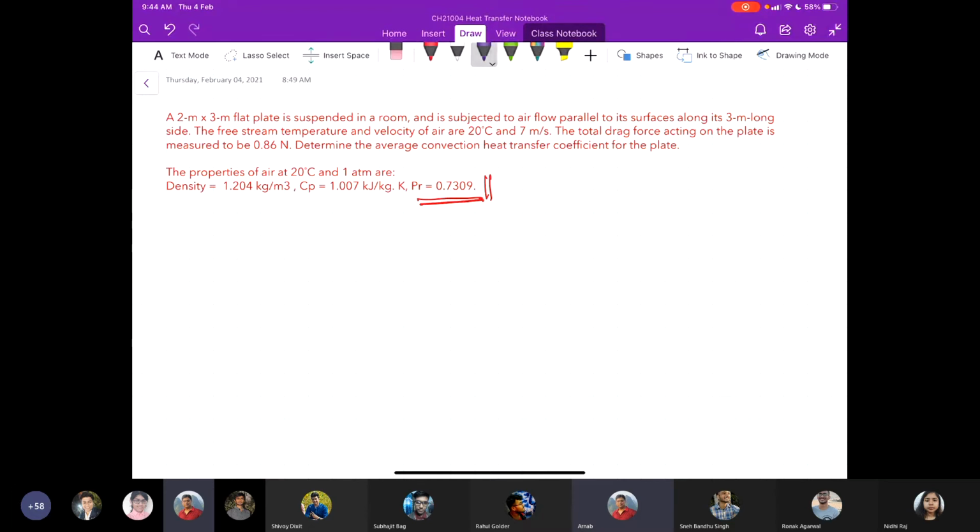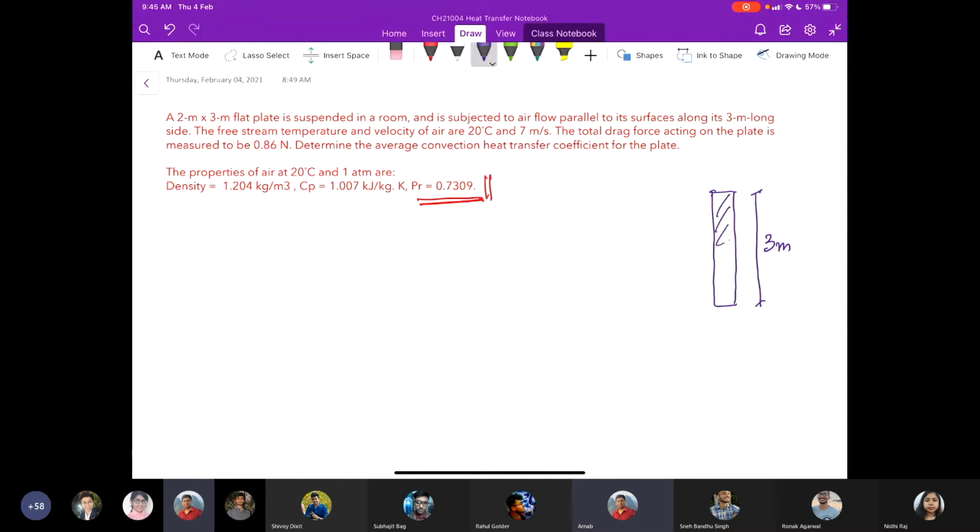So let me draw the situation if somebody didn't get it. The scenario is something like this: I have a flat plate where the length is 3 meters. And perpendicular to the computer screen that you are seeing, there you have 2 meter depth.